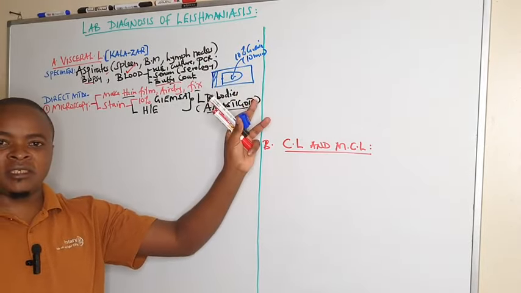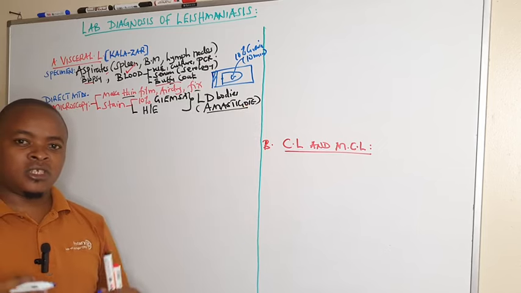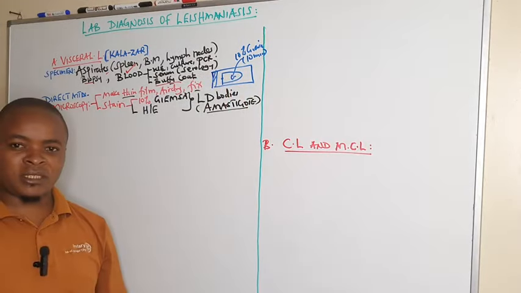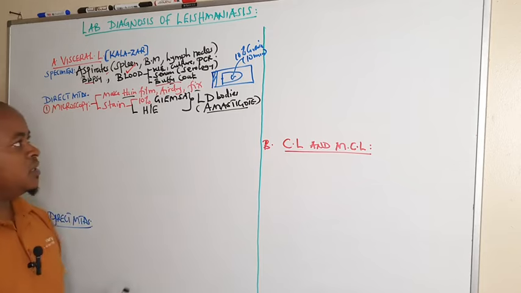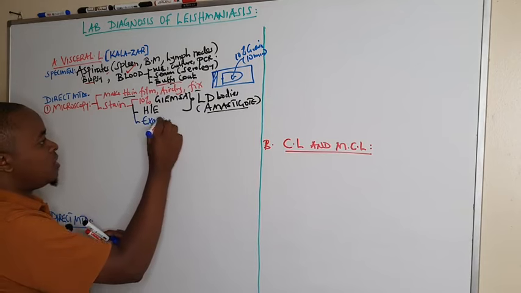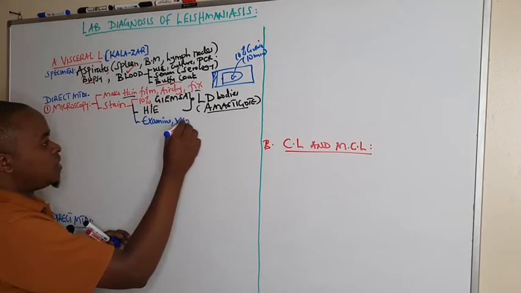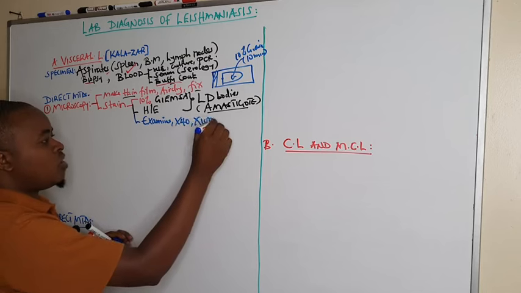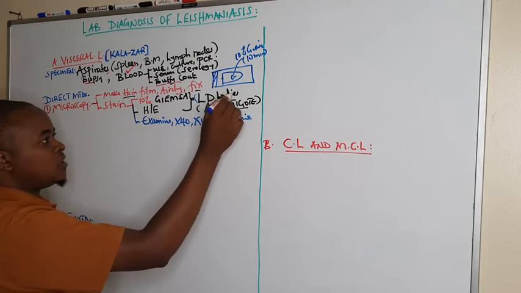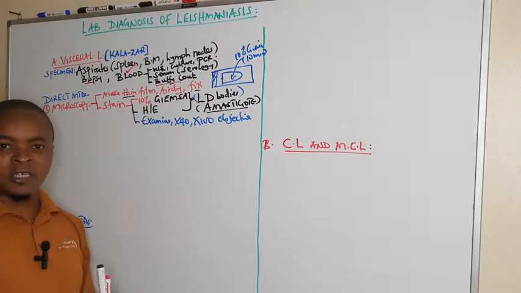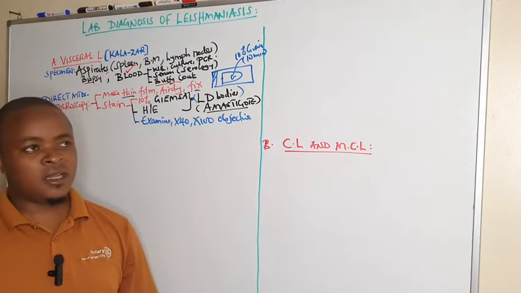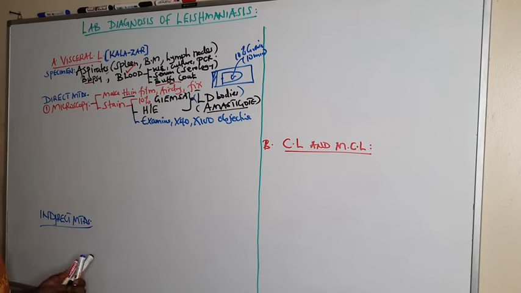After differentiating for 2 minutes, you wash off excess and air dry with the tail facing upwards. You dry and examine. After staining, we examine microscopically using the times 40 and times 100 oil immersion objectives. We look for the LD bodies, Leishman-Donovan bodies, which are known for causing visceral Leishmaniasis. And how do they look under the microscope?